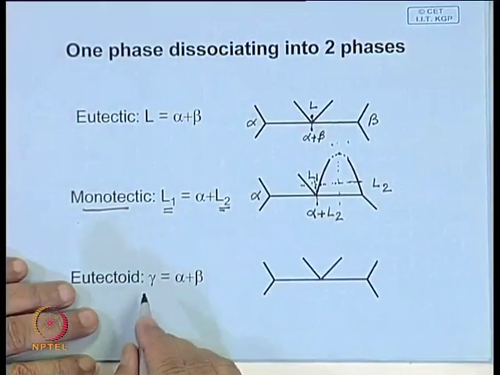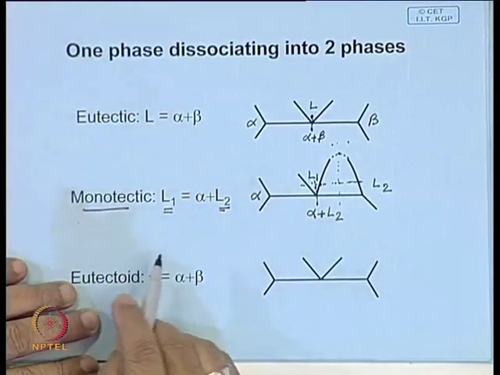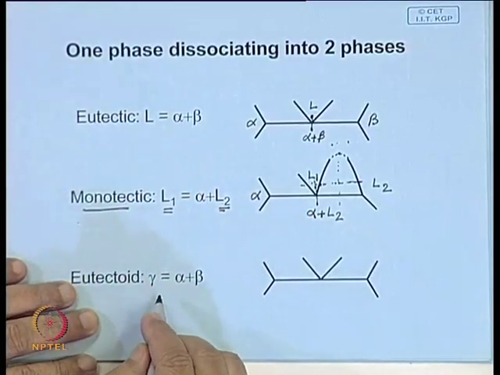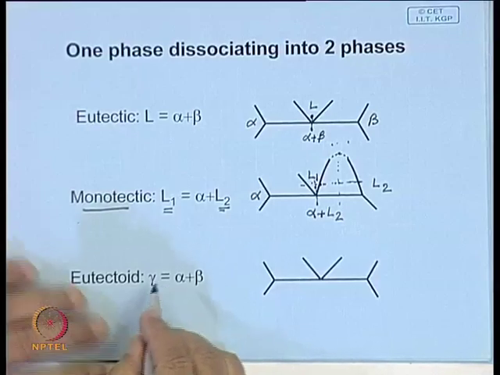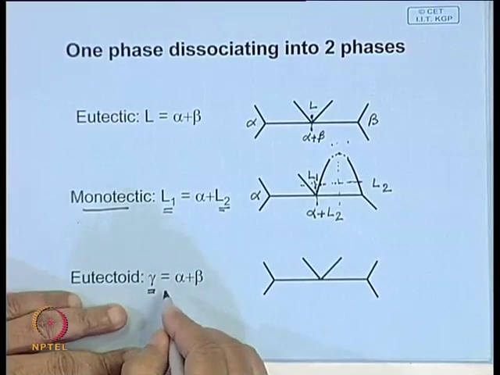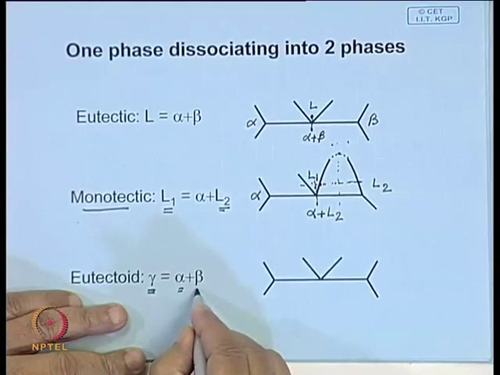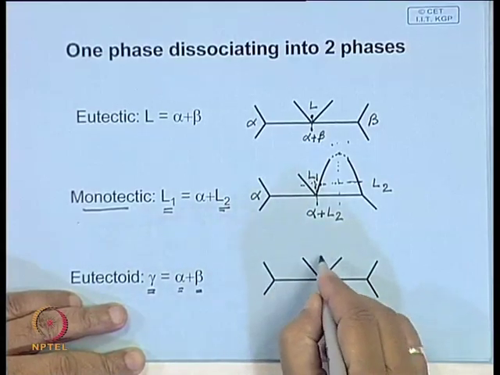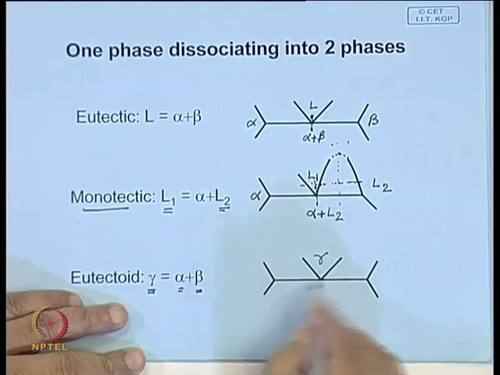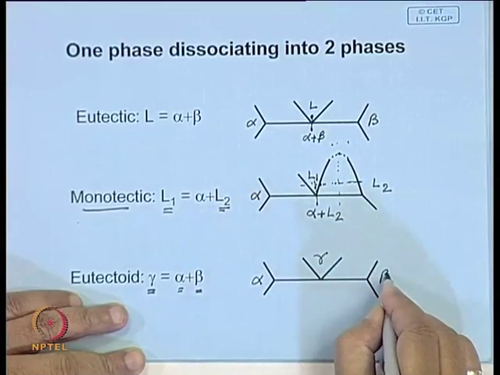And you can have another variant. It is not that only a liquid can dissociate on cooling into a mixture of two phases. You can also have a solid, say gamma, which on cooling dissociates into two different solid phases alpha and beta, and this diagram is shown here. Say gamma is dissociating into alpha and beta.